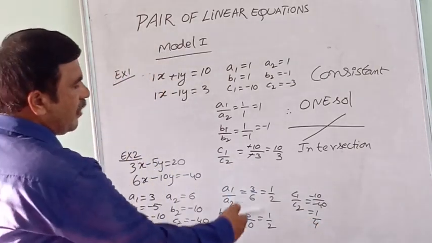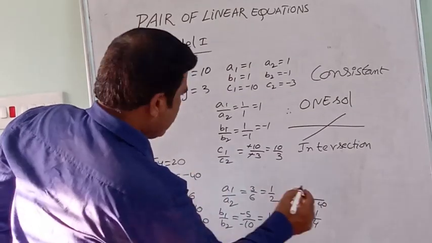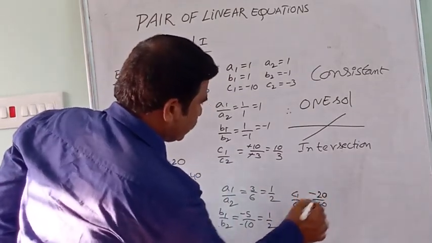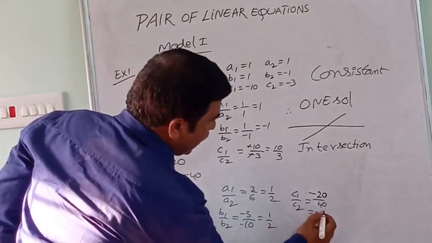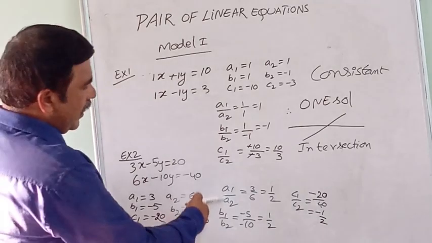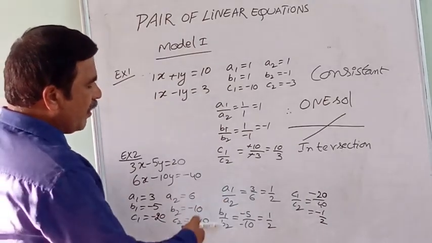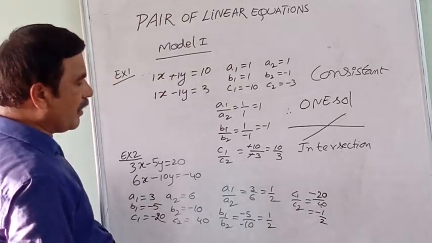Now a1 by a2 is 1 by 2, b1 by b2 is 1 by 2, and c1 by c2 is 1 by 2.